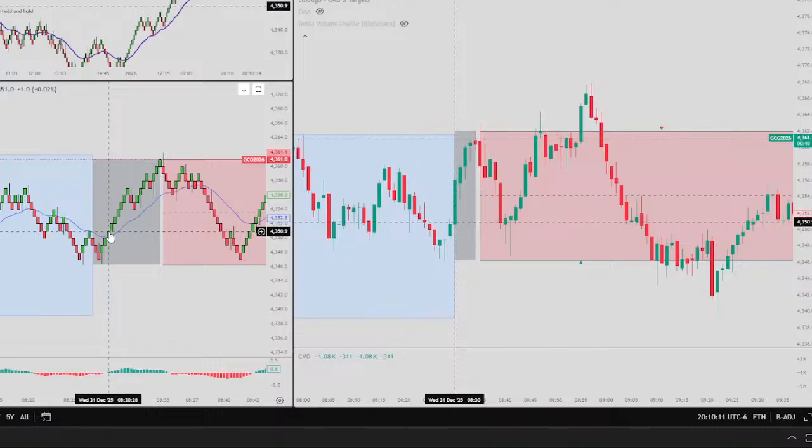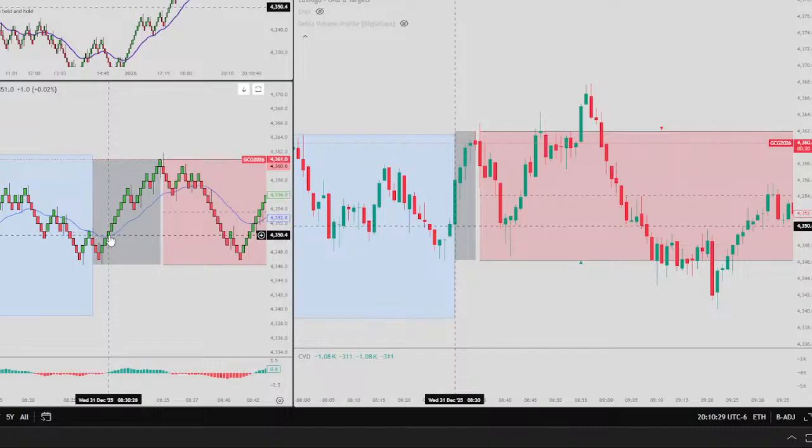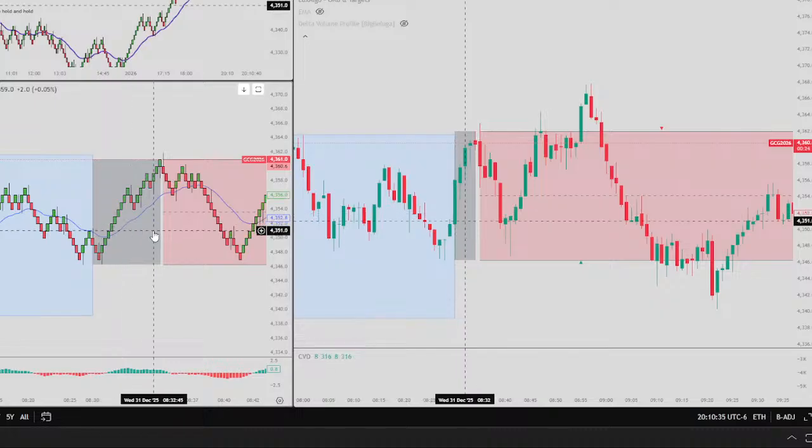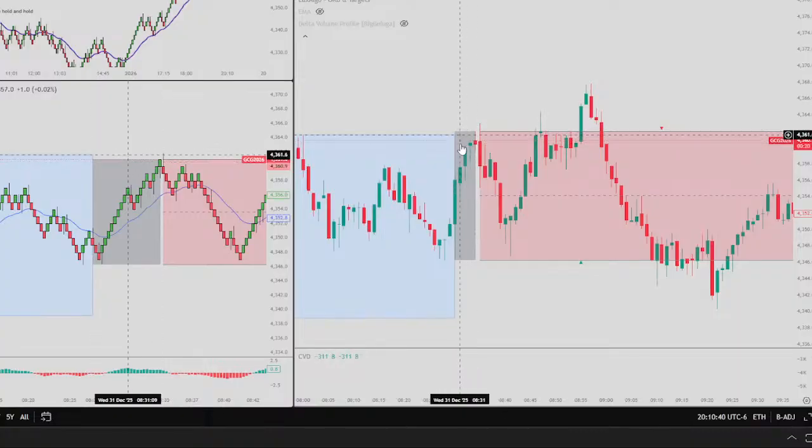This is where you're buying. This is where you're buying, right here or here. Why? Because we just flipped over. MACD flipped over to green, showing more buying momentum, and we just crossed over our 21 moving average, and we're heading towards one area, which is the top of this.